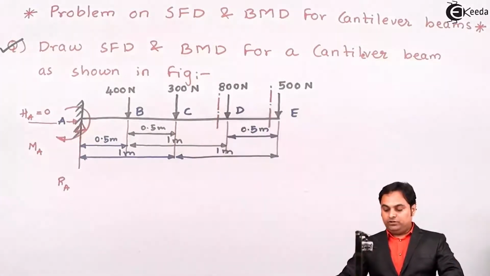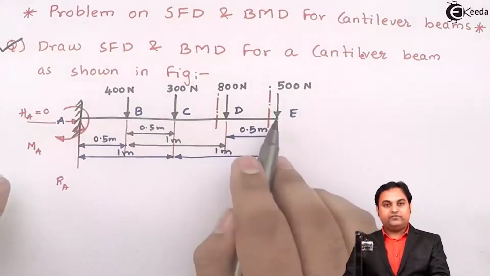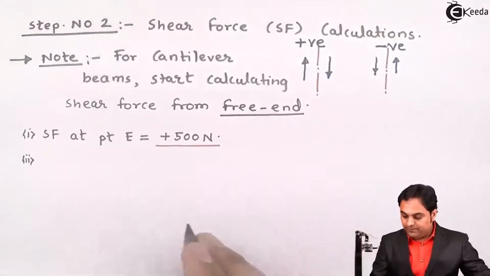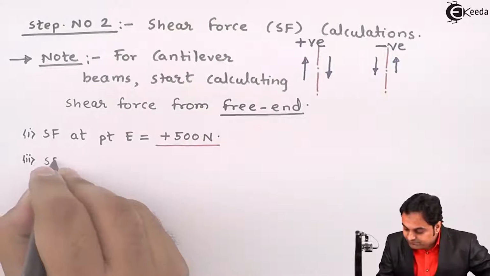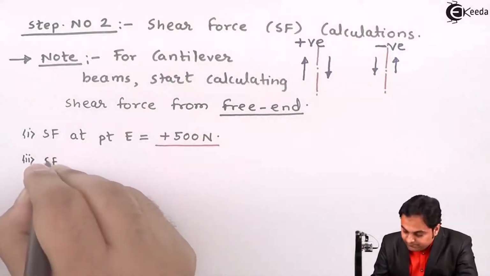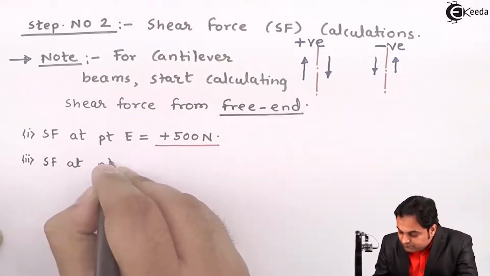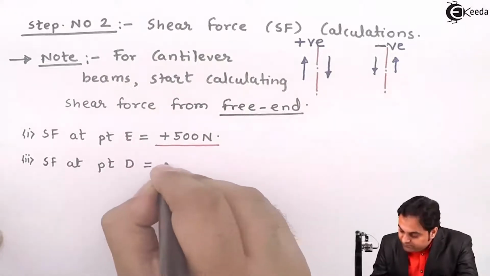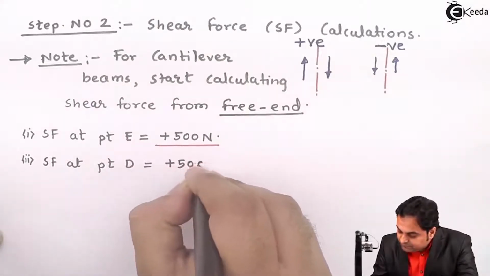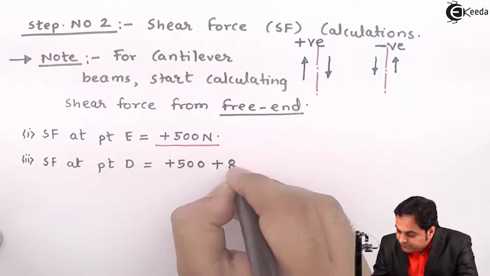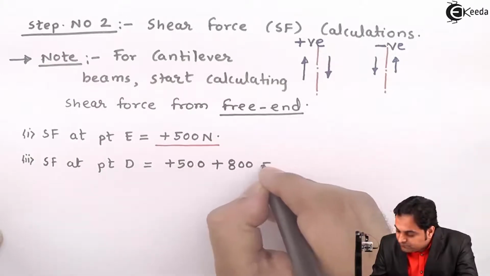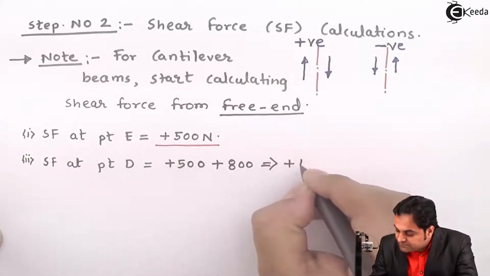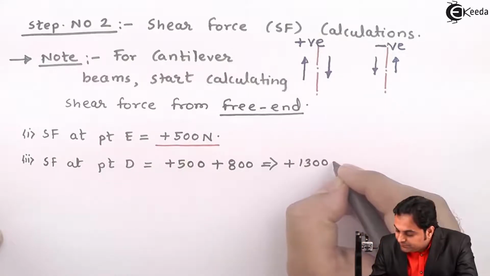Both are acting downward. So on the right hand side, downward is treated positive. So that will be SF at point D equal to plus 500 plus 800, which gives me plus 1300 Newton.